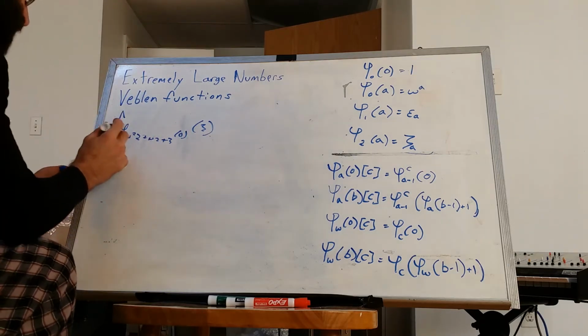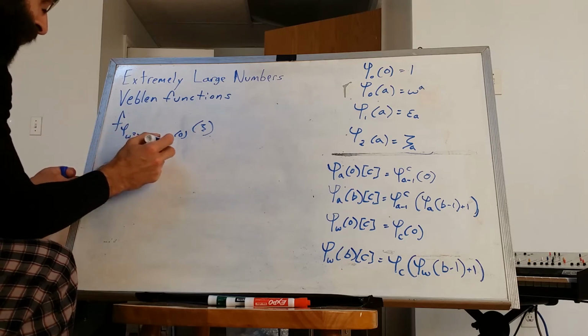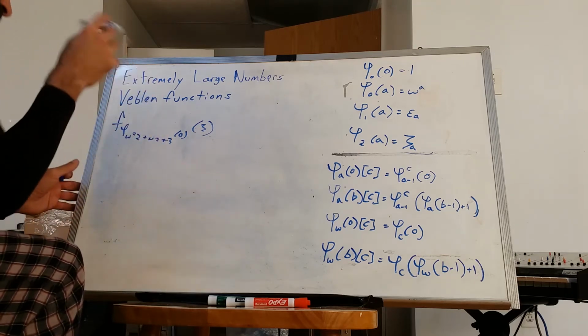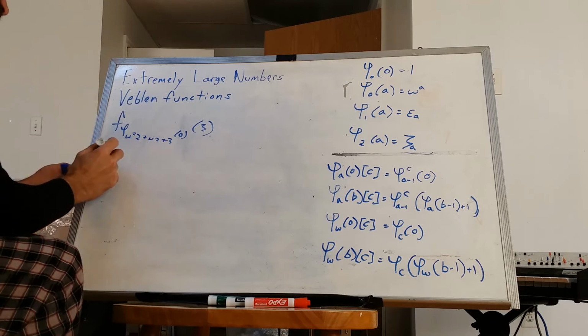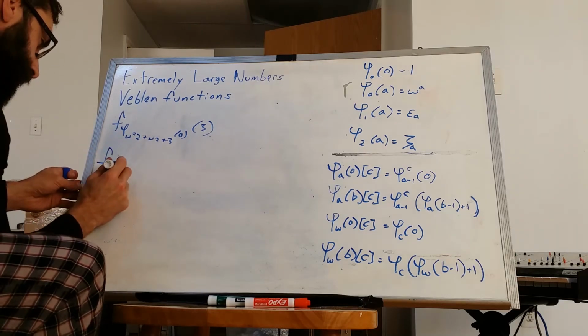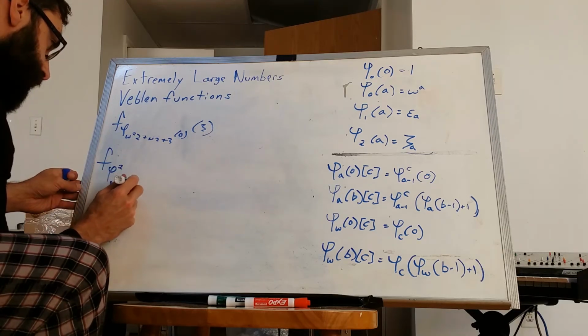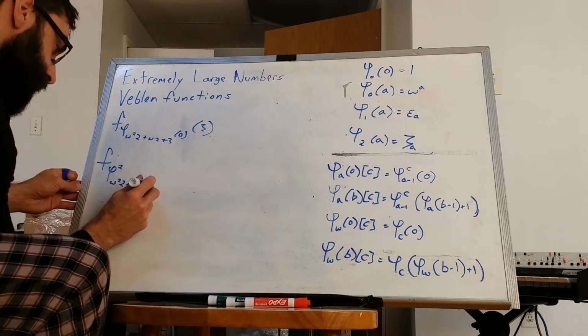So let's break this into 3 copies of omega squared 2 plus omega squared plus 2, and break that one into 3 copies of the previous one. So you'd end up getting something like this. You end up getting f of phi, let's do 2 copies of omega squared plus omega 2 plus 2.